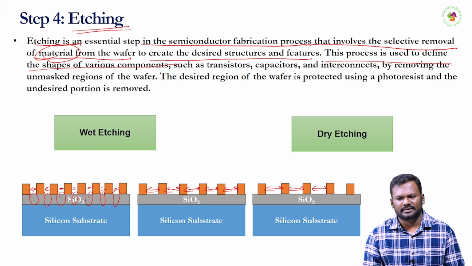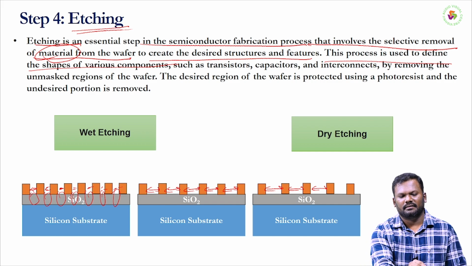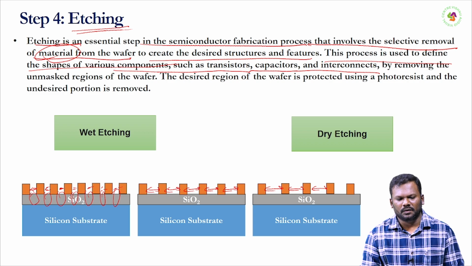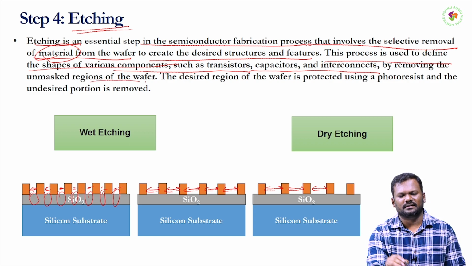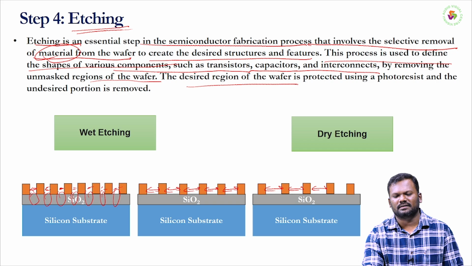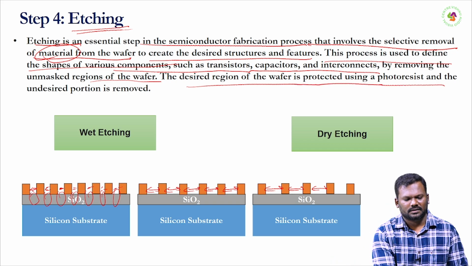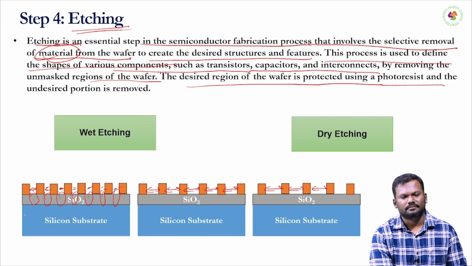As I told you previously, the patterns are very important to create various components such as transistors, capacitors and interconnects. By removing unmasked regions of the wafer, the desired regions of the wafer are protected by the photoresist. If you see here, we are removing this portion, but the other photoresist which is present is protecting the silicon dioxide as well as the silicon wafer substrate.